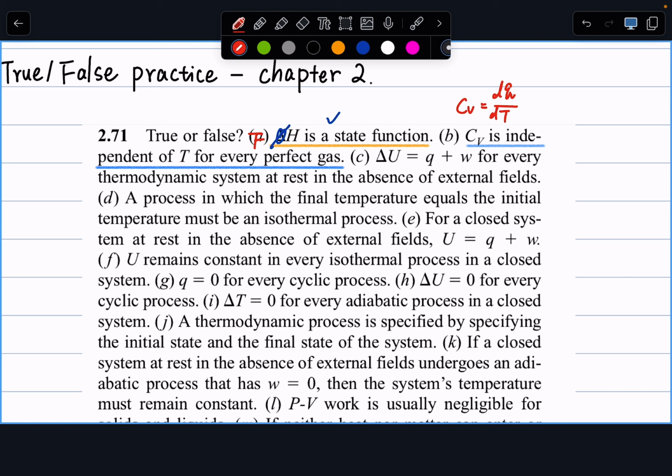For this process, for ideal gases, dQV equals dU, so CV equals dU over dT. Now, ideal gas only tells me that my internal energy is only a function of temperature. Whether or not that function is constant is uncertain, right? So we cannot directly make that statement.